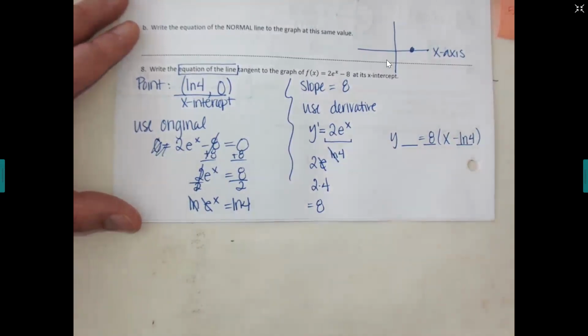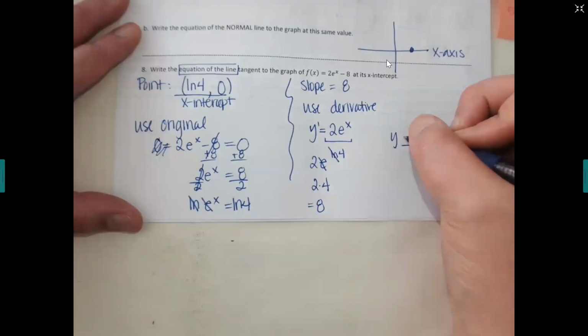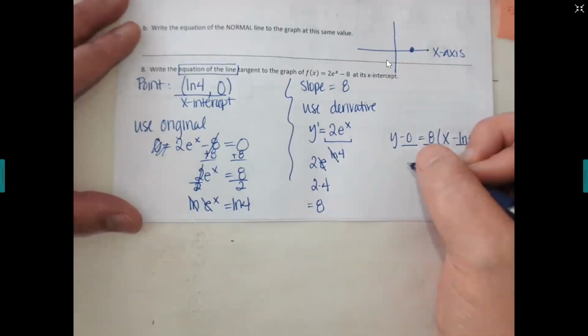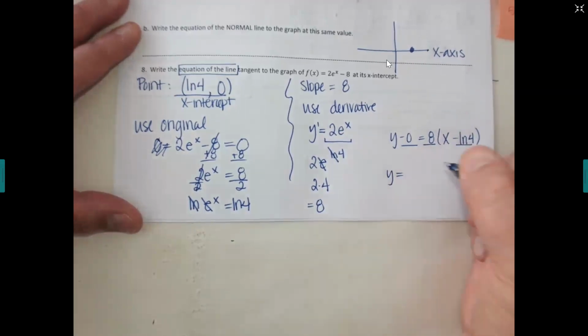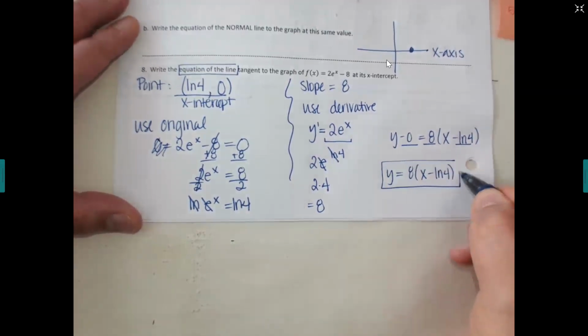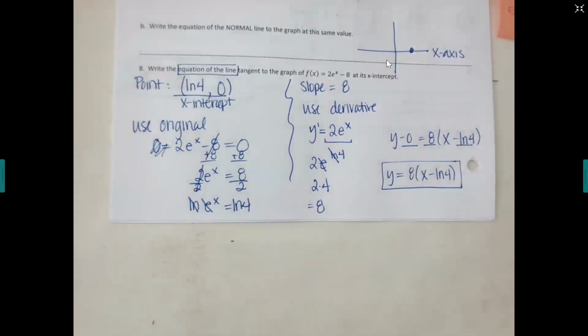And then if my y was a 0, you can put minus 0, but I probably wouldn't. So I'm going to rewrite that as y equals 8x minus ln 4. Okay. But if you put the minus 0, it's certainly not wrong. It's just kind of not needed. Okay. Does that make sense?